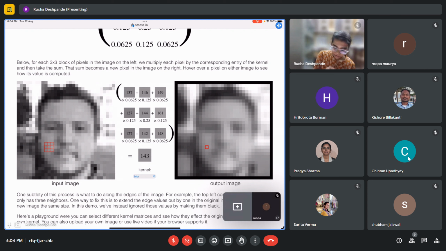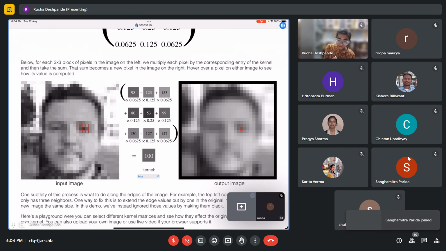Say this is a darker pixel, which was 53, but after applying the filter, its value became 100, and the darker portion became slightly lighter. So this filter results in smoothening of the original image.